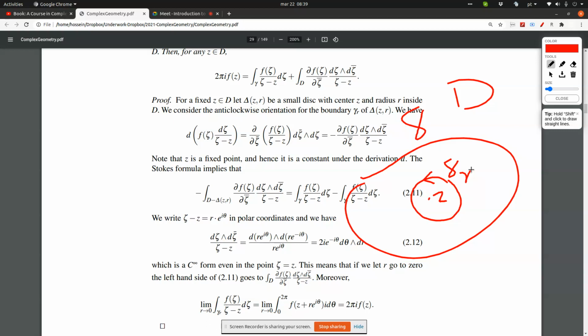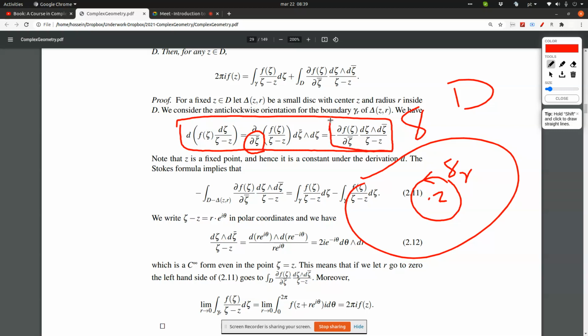We will use this equality. So the differential of this guy will be the differentiation with the anti-holomorphic part, because it has already the zeta. So we just need to make derivation with respect to zeta bar.